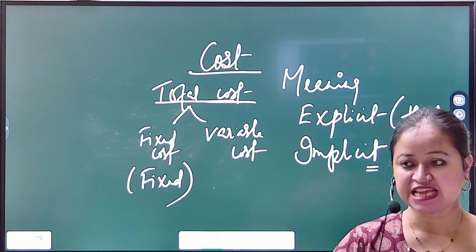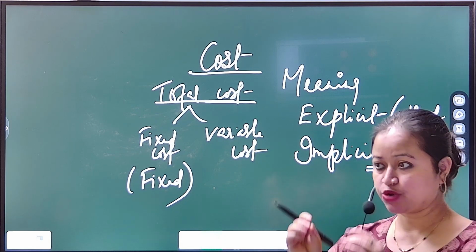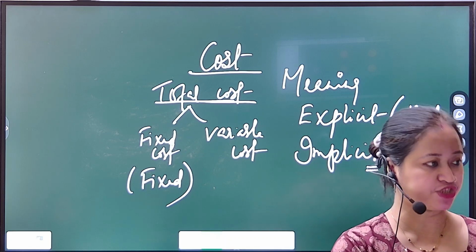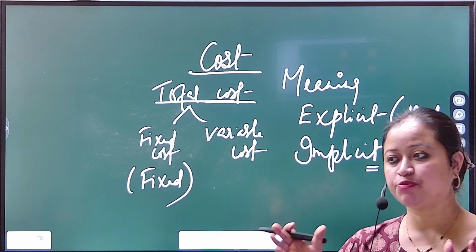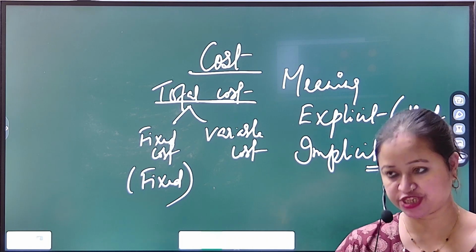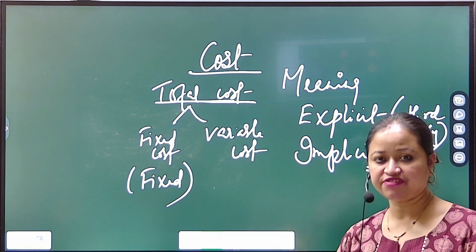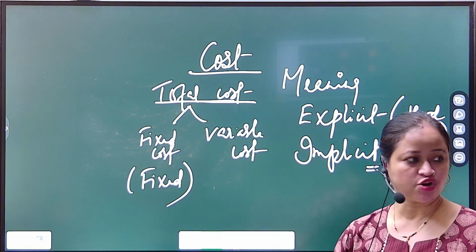Machinery is purchased, and that machinery is used again and again. If you're producing 1 unit, you have to use that machinery. If you are producing 2 units, you have to use that particular land and the factory site. So that's how fixed cost is fixed, even if the output is more or less, or 0.